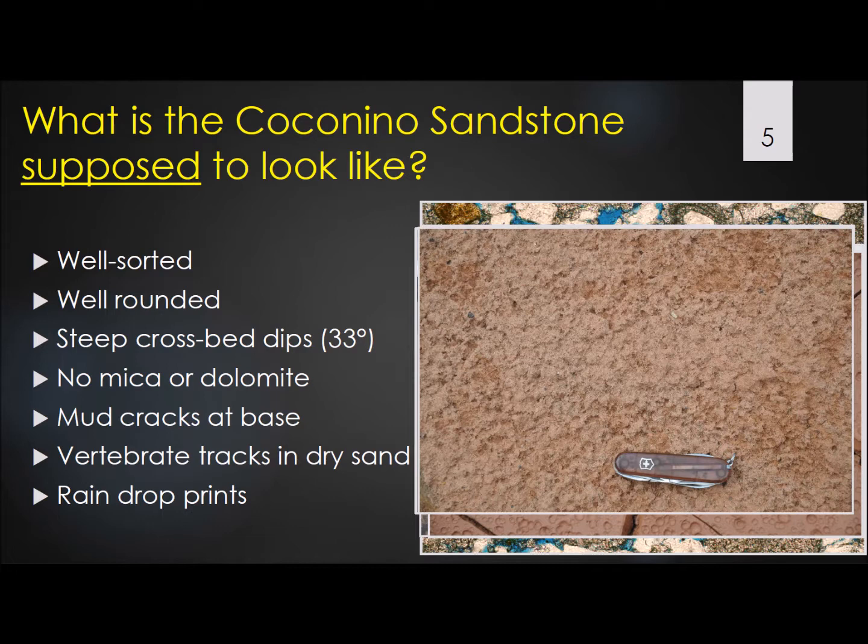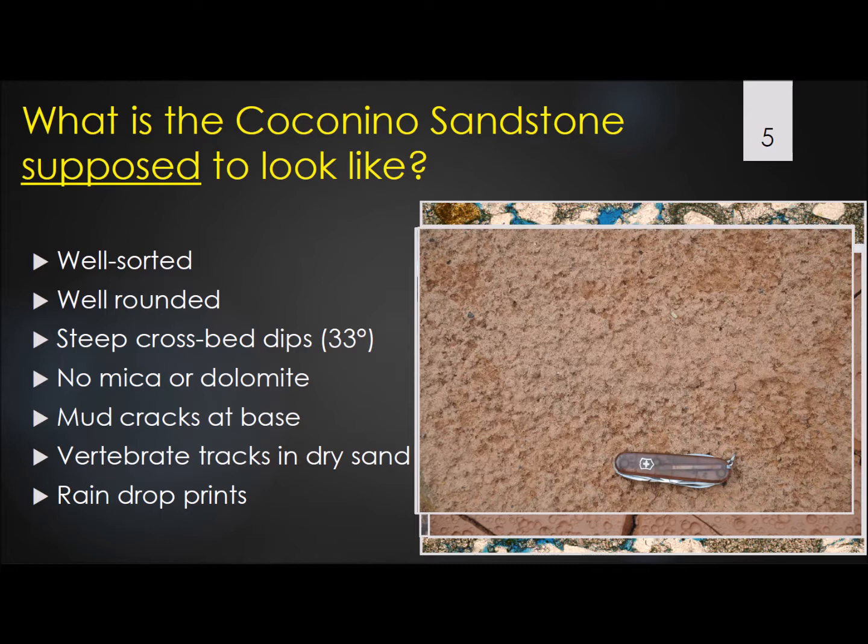The reason is when sand builds up and it gets so steep, it will avalanche. That avalanching always takes place at about 33 degrees. It's called the angle of repose. And so most people cite that the Coconino has steep crossbeds at the angle of repose. As I went into this study, that's kind of what I was expecting. I was expecting to go out in the field, make some measurements, and find that angle.